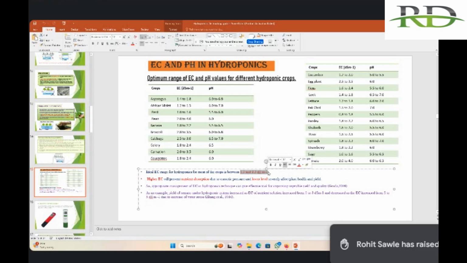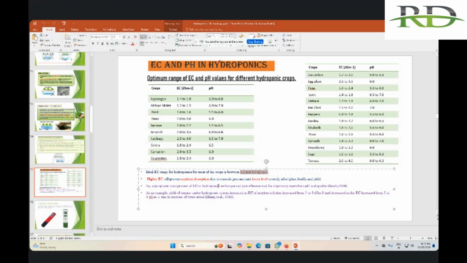If the water has a higher electrical conductivity, it will prevent nutrient absorption. The plant is not able to take up the nutrients due to the osmotic pressure. Lower EC also severely affects the plant health and its yield. So ideally, we have to check the pH, and from time to time we have to monitor the EC.